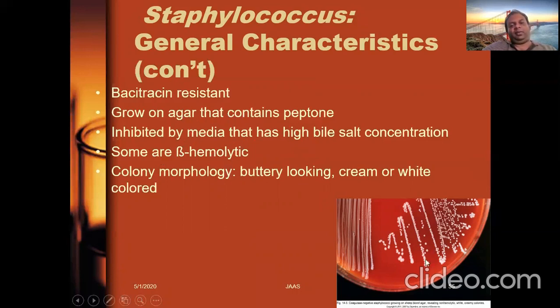Another characteristic is that they produce hemolysins, alpha hemolysins, beta hemolysins, and they produce hemolysis. They are mainly beta hemolytic. When you learn about Streptococcus, you will learn much about this character. For the sake of completion, the hemolysis character we can see when the microbes are grown on the agar plate.